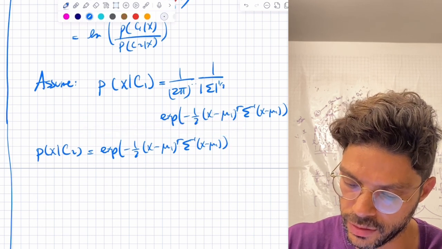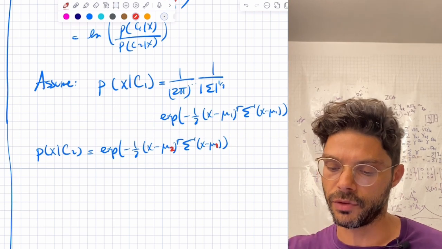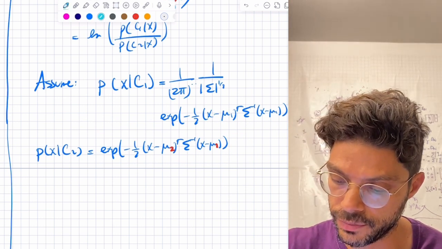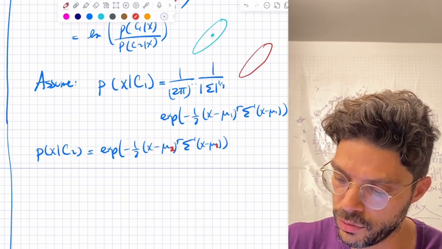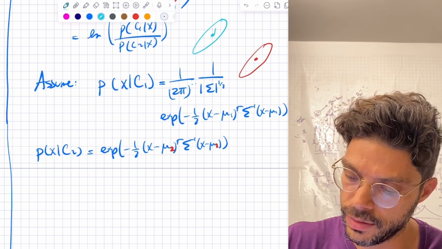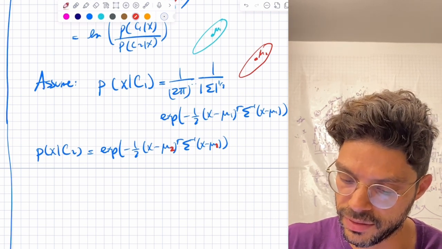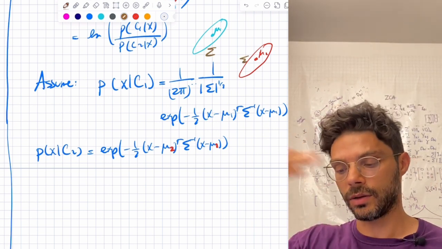The only difference is that this becomes a 2. That's going back to our picture: we've got our class 1 here and our class 2. This is mu1, this is mu2, but the sigmas are the same. The covariances are the same.